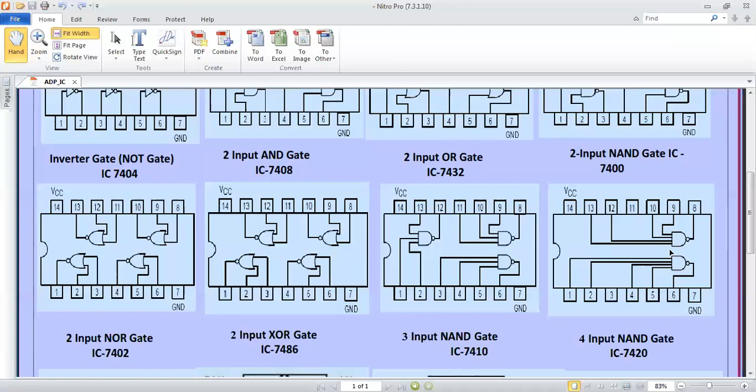So these all are ICs which are going to be useful to connect into circuit design. These are the basic ICs. And the 4 input gate IC is 7420.